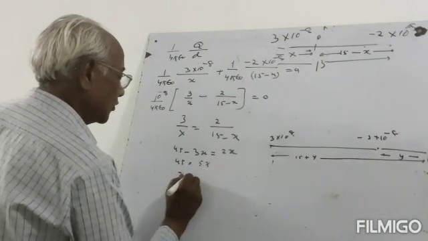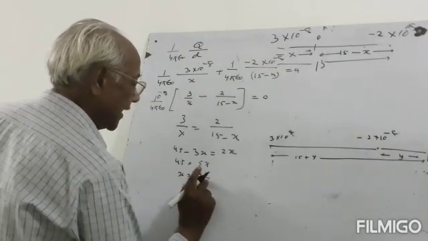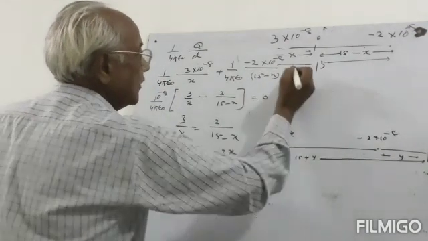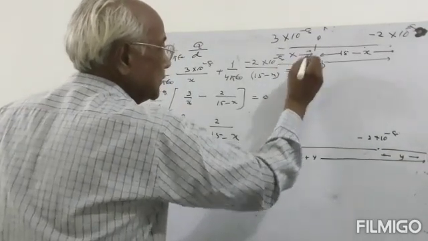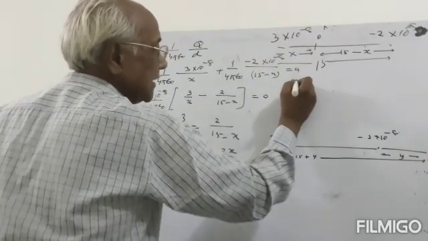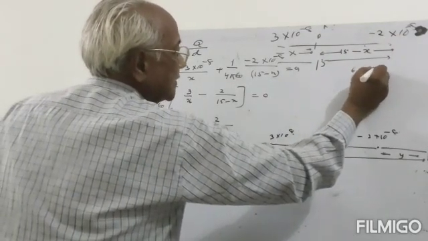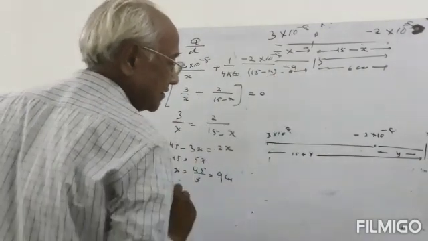So x is equal to 45 divided by 5, that is equal to 9 centimeter. So it will be at 9 centimeter. So the distance of this point from the 3 charge is 9 centimeter and from the other it is 6 centimeter.